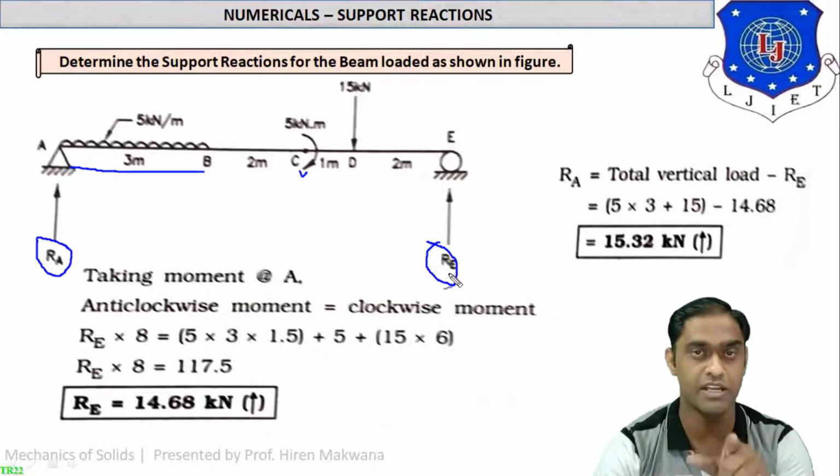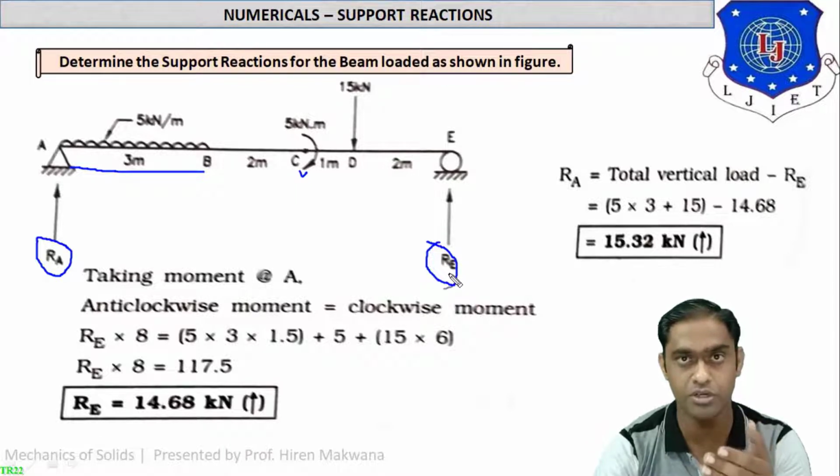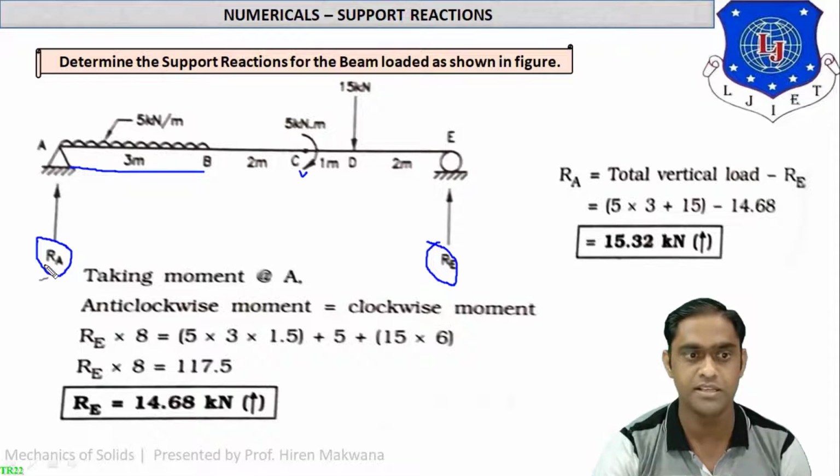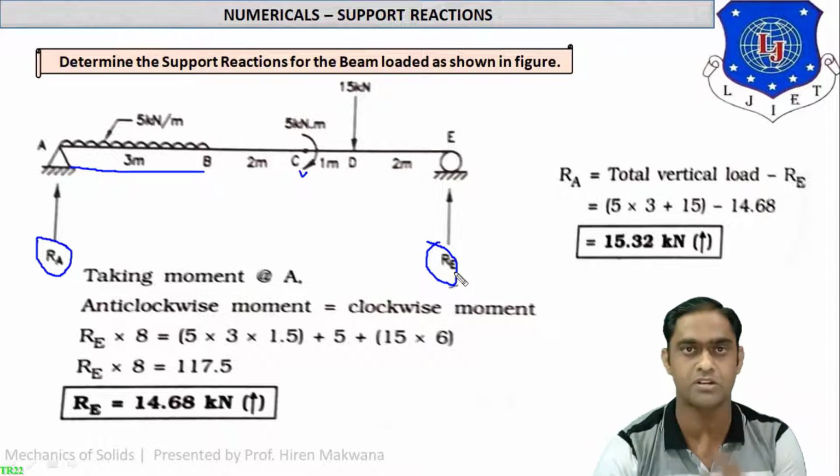If vertical, horizontal and inclined reactions are all present, then the names should be VA and VE, vertical reaction at A and vertical reaction at E. If only vertical reactions are present, then as per our method, step 2 and step 5 are cancelled. Only steps 1, 3 and 4 remain.